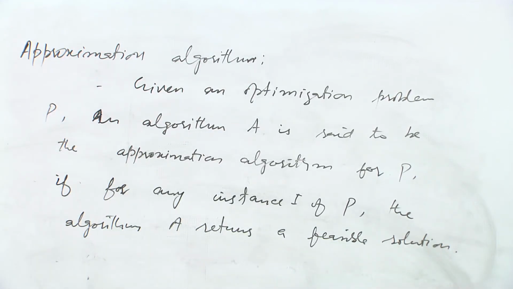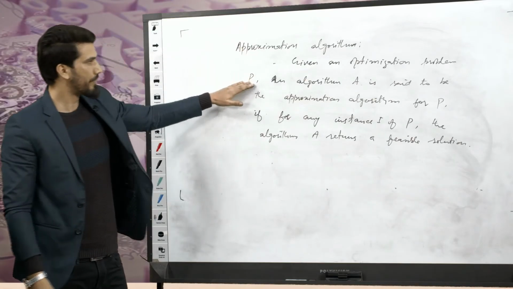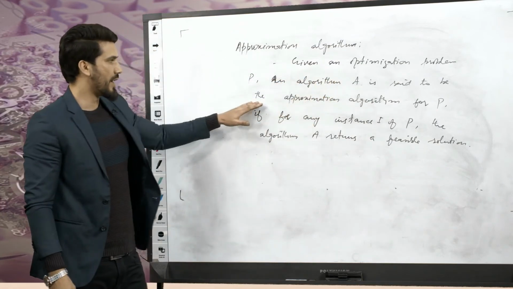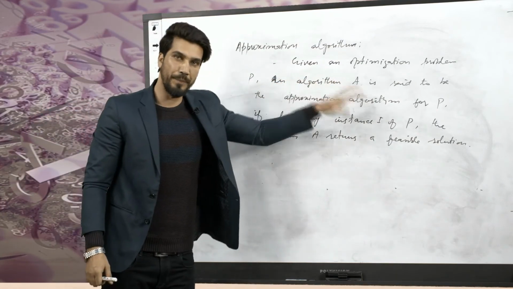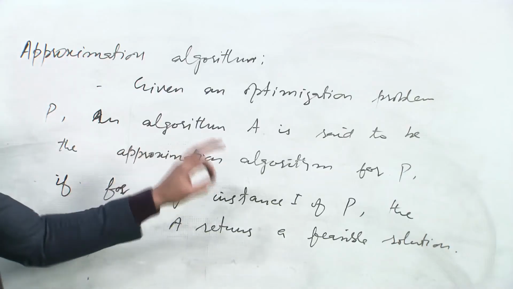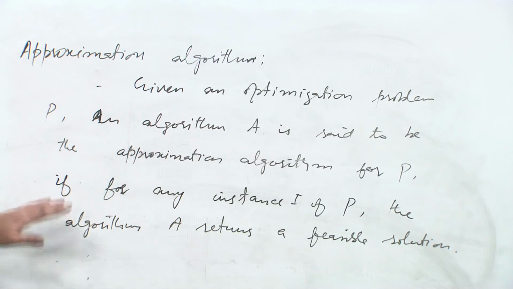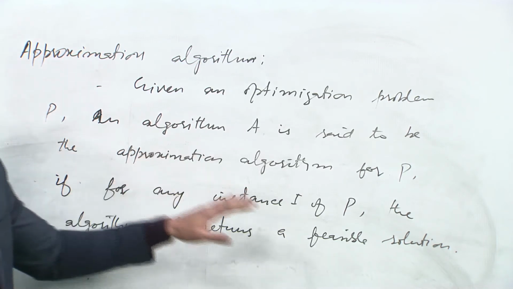This is the definition of an approximation algorithm. We have a problem P. The algorithm A will be known as the approximation algorithm for problem P if for any instance I of P, A will return a feasible solution.